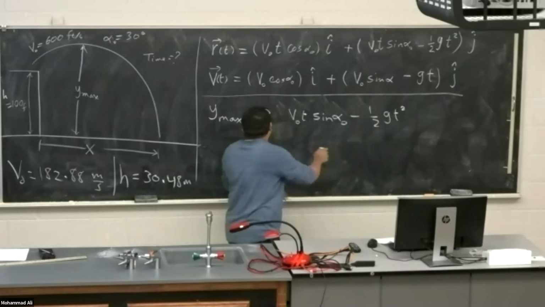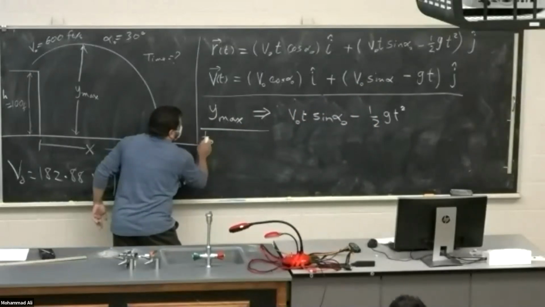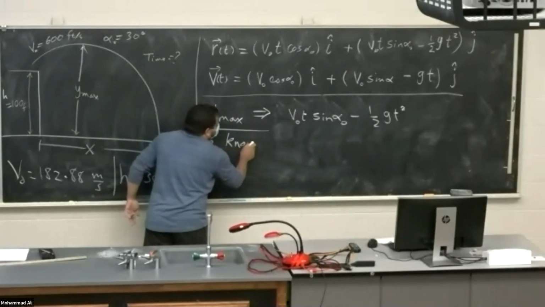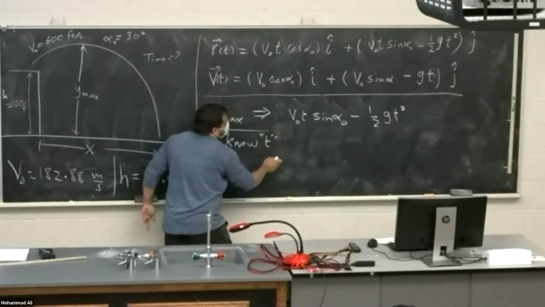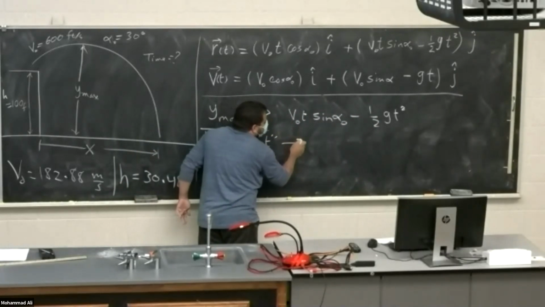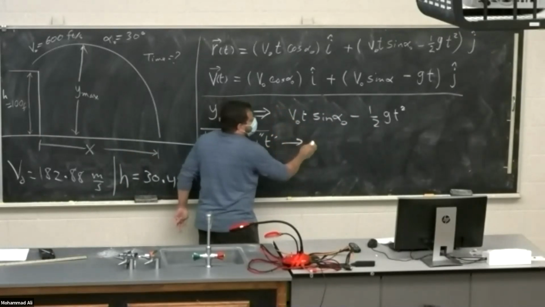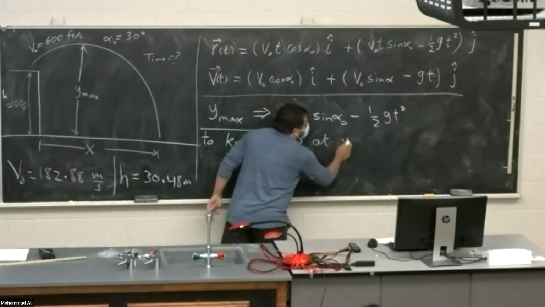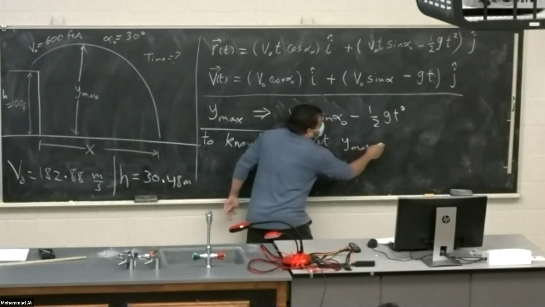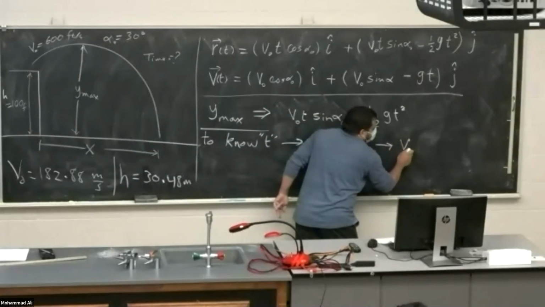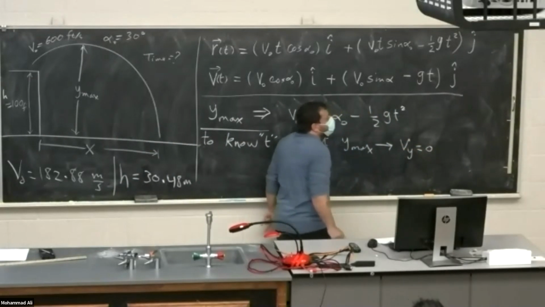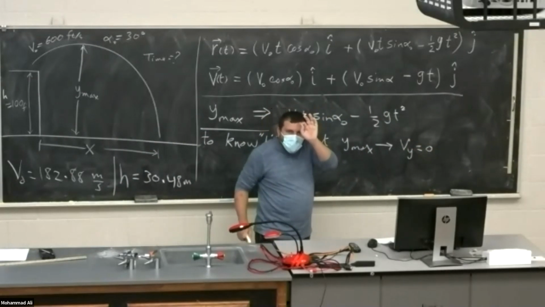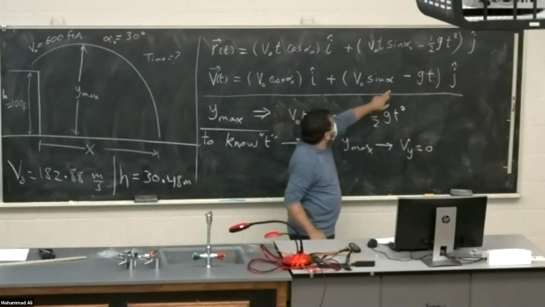There is no T here. I need this bit of information: at y max, Vy is equal to 0. So I can find the time at that point, which is here.